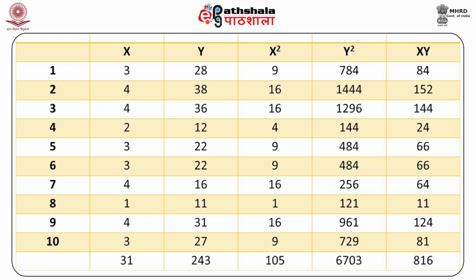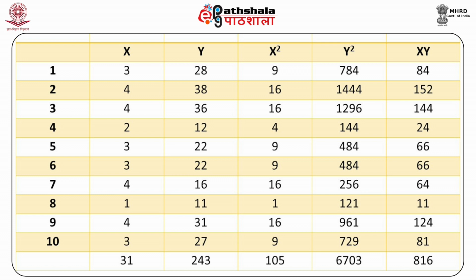Let's put these values in terms of x and y, where x is the item score and y is the total score. Item score for the 10 subjects, x, is 3, 4, 4, 2, 3, 3, 4, 1, 4, 3.